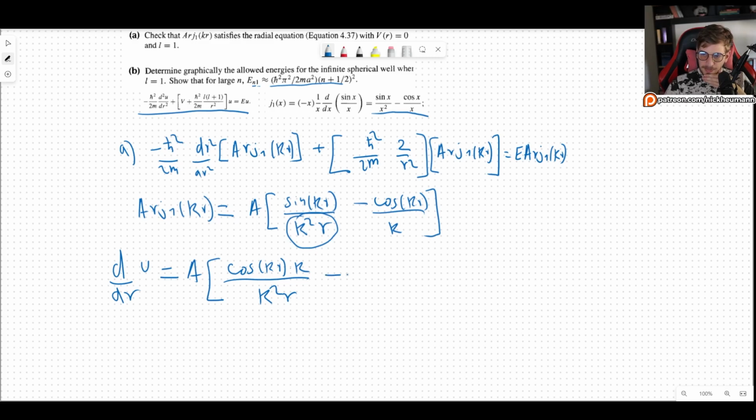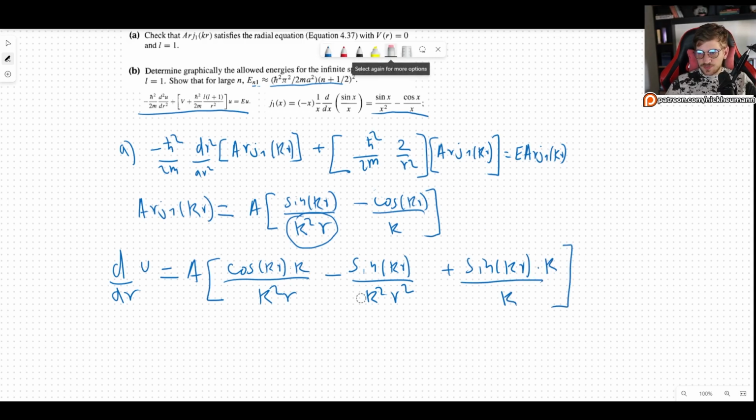So this is minus sine of kr over k squared r squared. Then we have to take the derivative of minus cosine, which is plus sine. So plus sine of kr times k, the chain rule, divided by k. Now we can do a few simplifications. This k and this k cancel out, and these two cancel out. So that is one derivative.